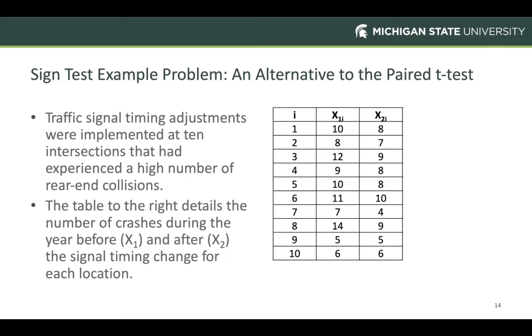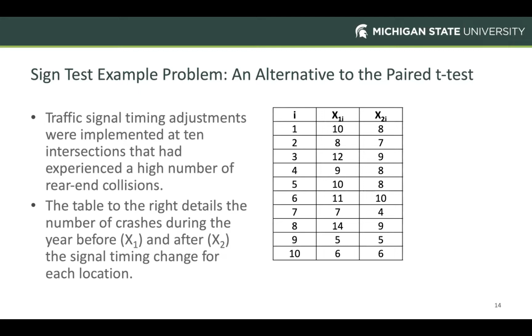And so consequently, we had evaluated these data using both Student's and Welch's t-test as well as a paired t-test. And you may recall in this context, the paired t-test worked particularly well because we did see that some of these locations, like 3 and 6, for example, tended to experience more crashes during both of the periods, whereas other locations like 9 and 10 tended to be on the lower end during both of those time periods. And so there was clear correlation between these respective outcomes.